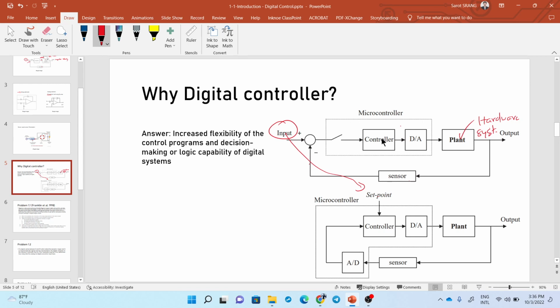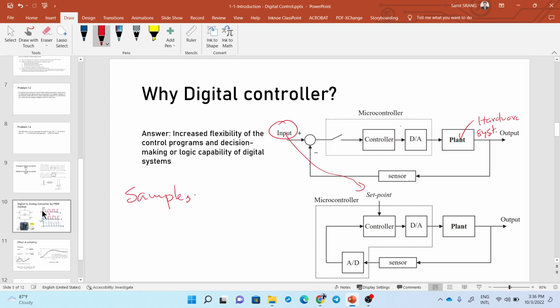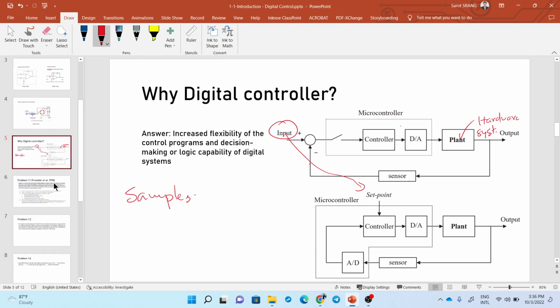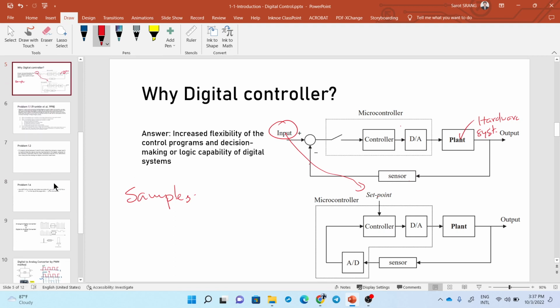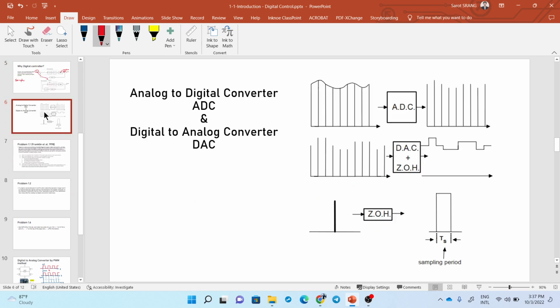So in that case, let me introduce the term samples. So what device does the sampling task?